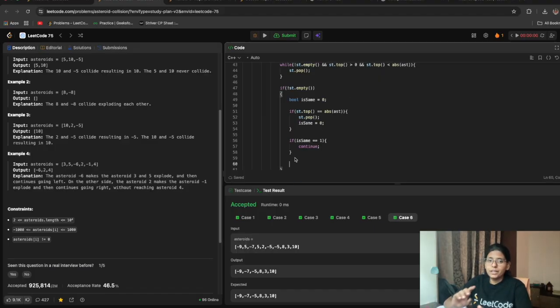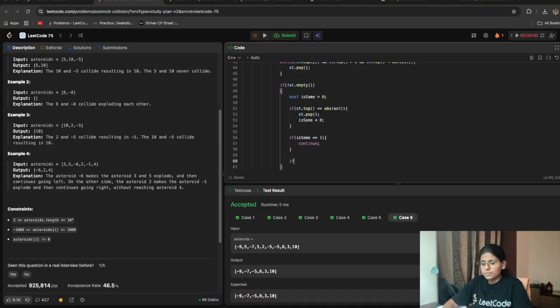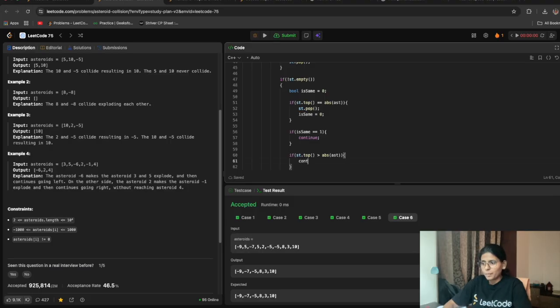It means we remain with just one condition, that is st.top is greater than ast. So in that case also, if my st.top is greater than the absolute value of ast, in this case also I have to continue, right? Continue.